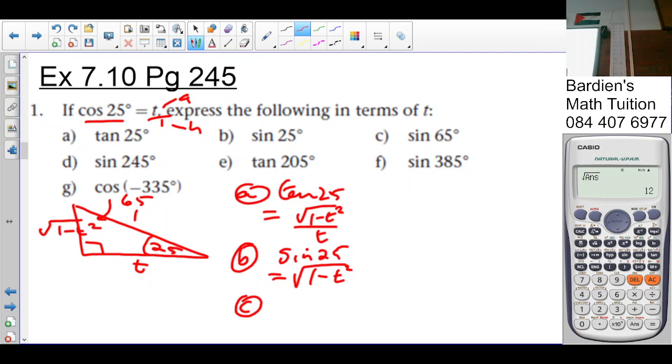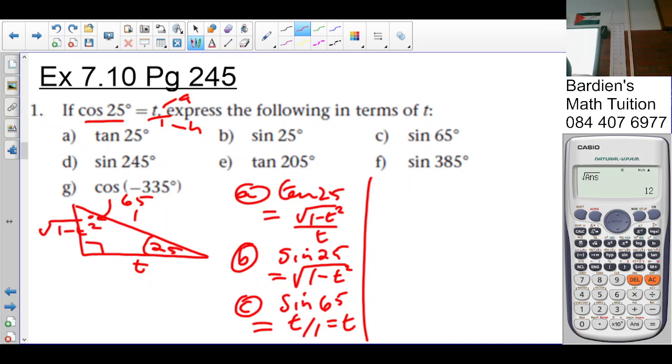Somebody gave me that answer, so my question is, do you guys understand how the person got to that? Yes. And my second question was, must I explain how they got it? No. Okay. So you got sine of 65. Sine is now 65 degrees, not so? Sine is opposite, which is t, over 1, which is t.